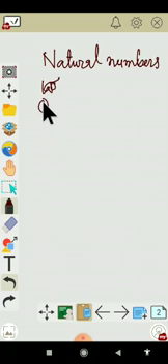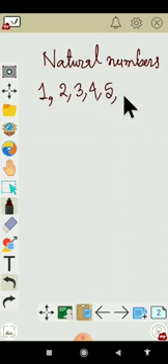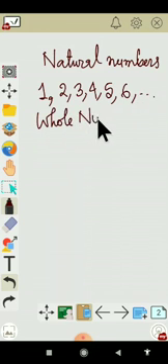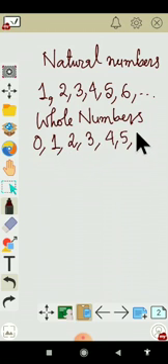Natural numbers contain 1, 2, 3, 4, 5, 6 and so on. In the whole number collection we have 0, 1, 2, 3, 4, 5, 6 and so on. Then we have already seen integer numbers.